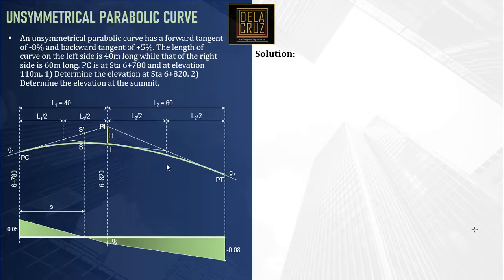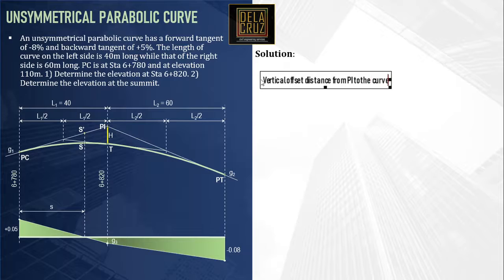So the formula we need to memorize for this is the value of H, the vertical distance from PI to the curve, given by this formula.